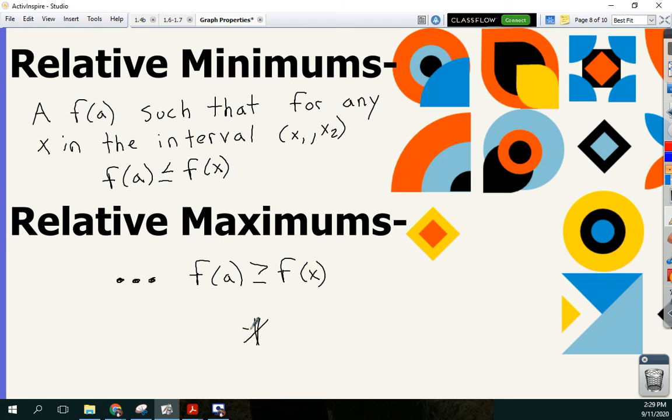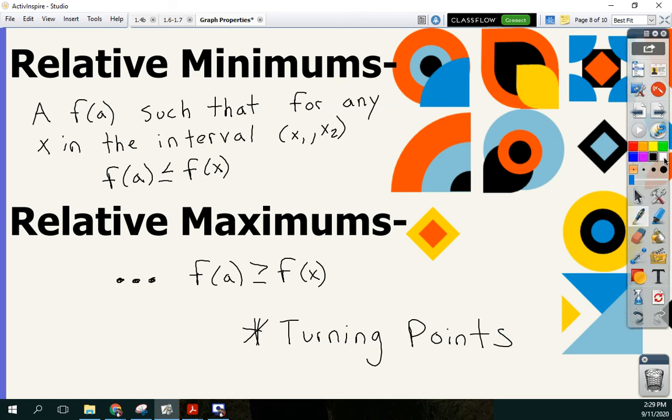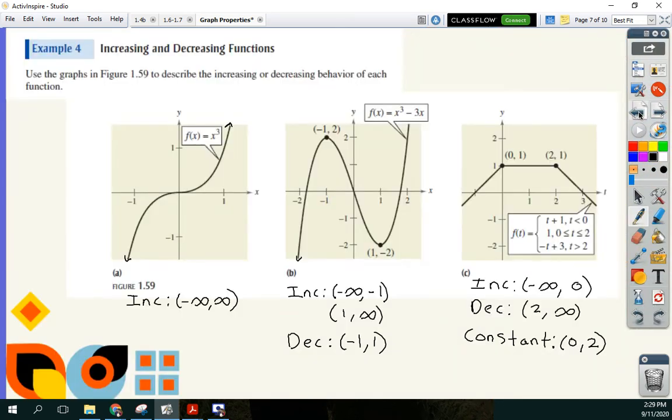And then something important to point out is that these are going to be called turning points. So that's another way of thinking about it, when our graph turns from increasing to decreasing. So let's go back to our previous example. So notice I'm going to use this second graph that I have right here.